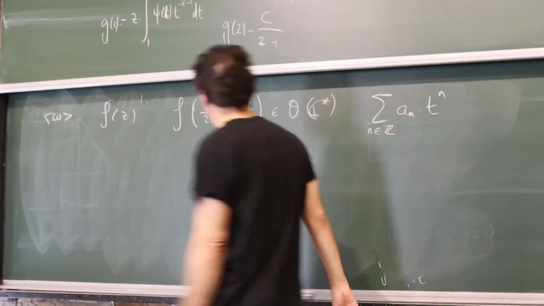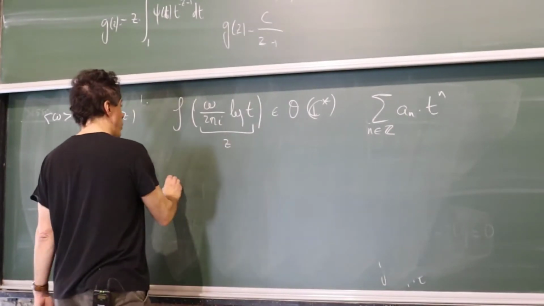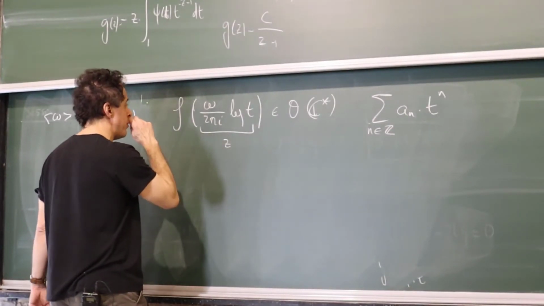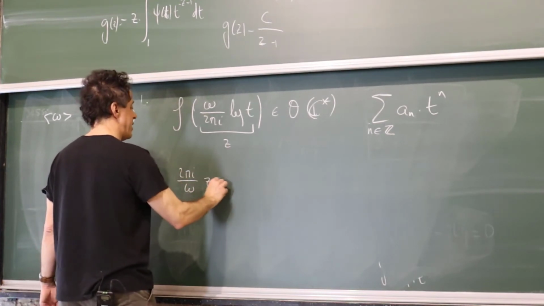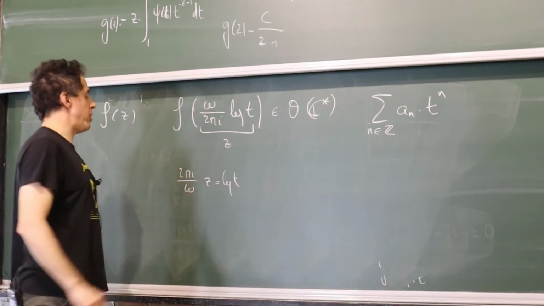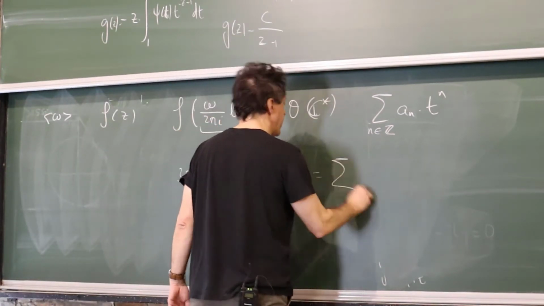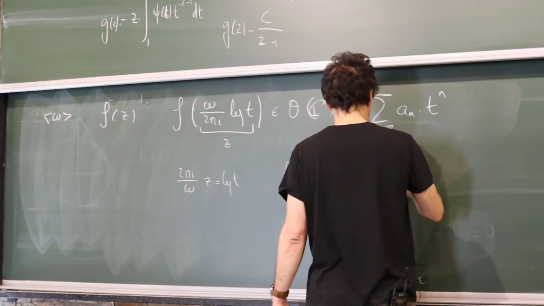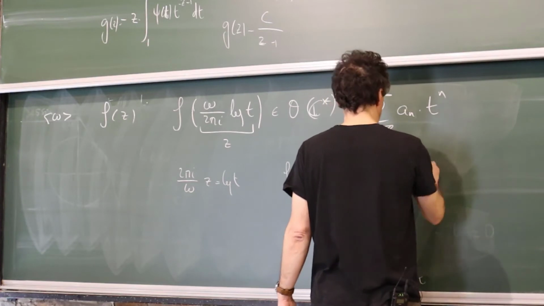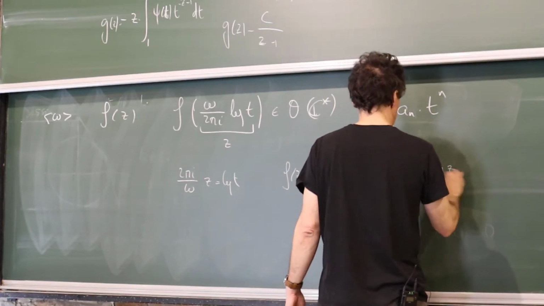And from here, if 2 pi i omega z is equal to log t, so t is the exponential of this number, so our function f of z can be written like this: the exponential of 2 pi i n z.